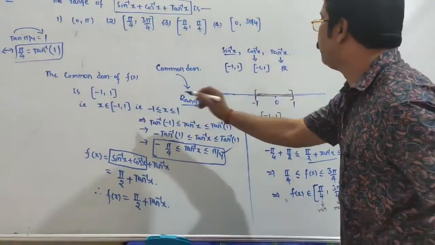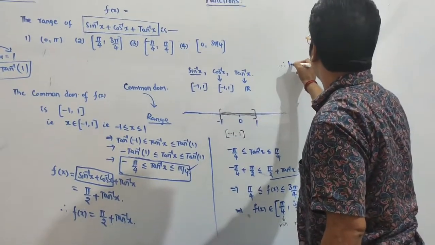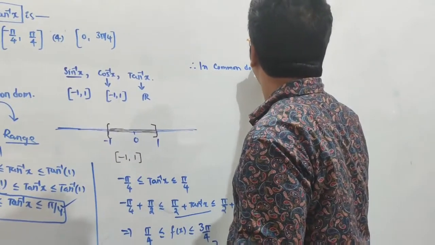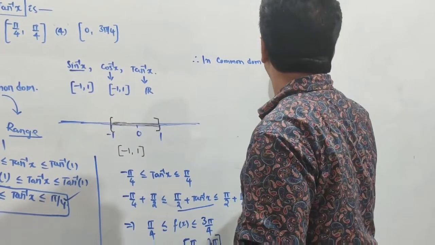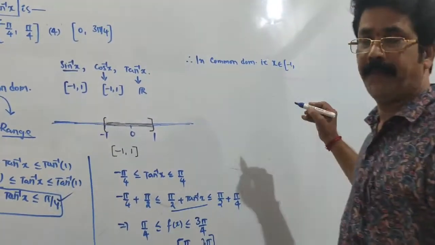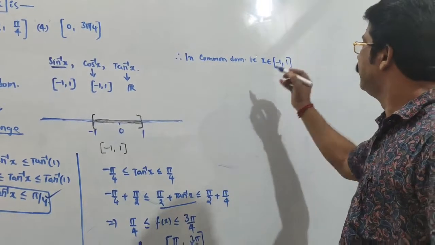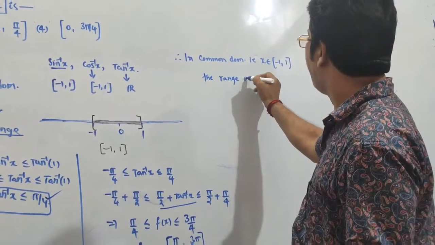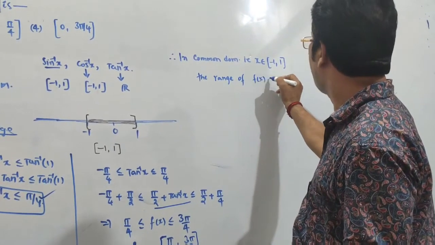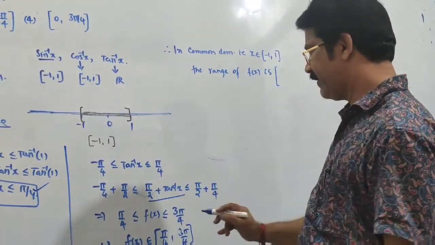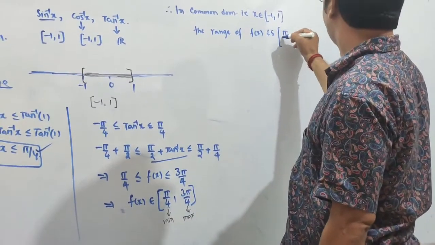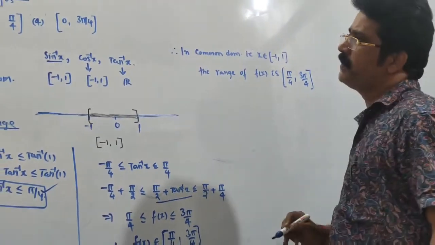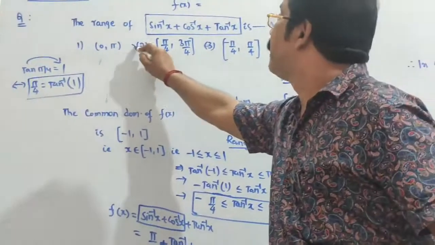Therefore, in the common domain, that is x belongs to the closed interval of -1 comma 1, the range of f of x is the closed interval of pi by 4 comma 3 pi by 4. So clearly, which option is right? You come here, the second option is right.